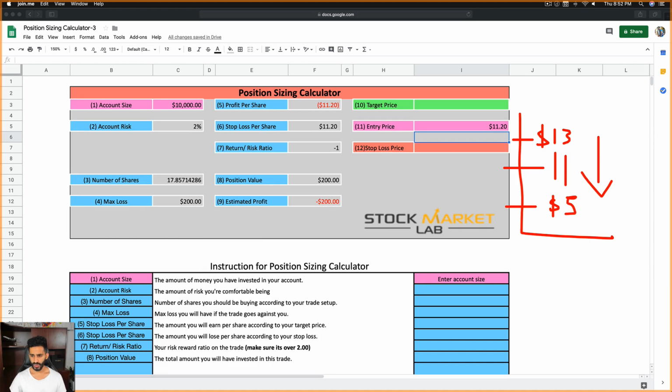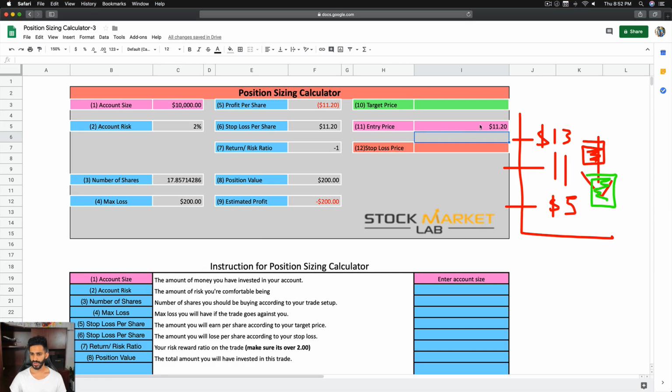Now what we're gonna do is plug in the same numbers. So remember, we're shorting, this is our stop, and this right here is our profit potential. So all we're gonna do, we're shorting at 11.20, my target price is 5, right? And my stop loss right here is 13. This is my stop loss.